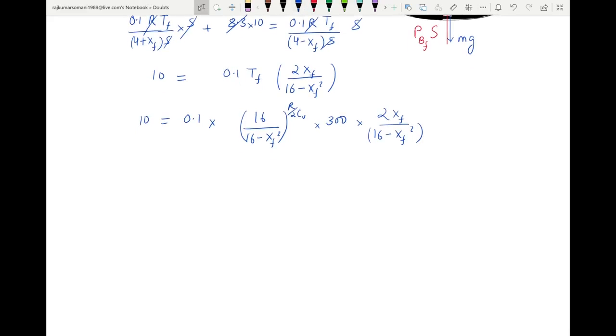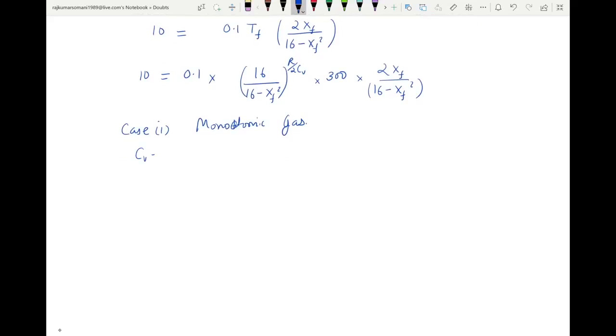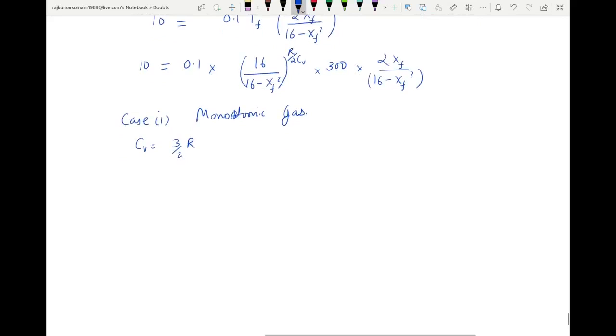So we have got the answer using iteration here, but again consider two cases. Case 1, it's a monoatomic gas, and that means CV is equal to 3 by 2 R. So for this, after iteration, in fact we used a calculator for iteration, XF is equal to 1.89, approximately 1.9.